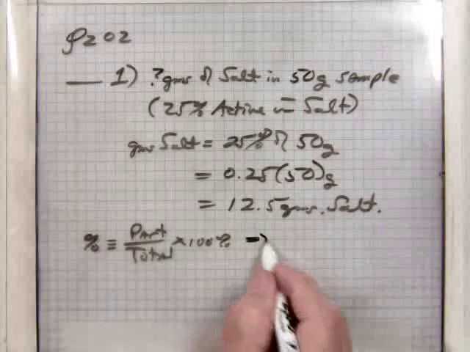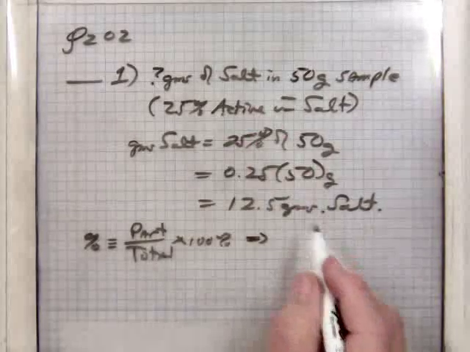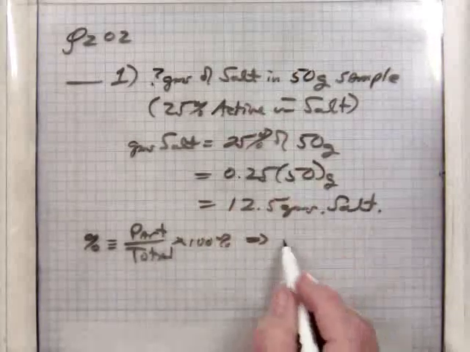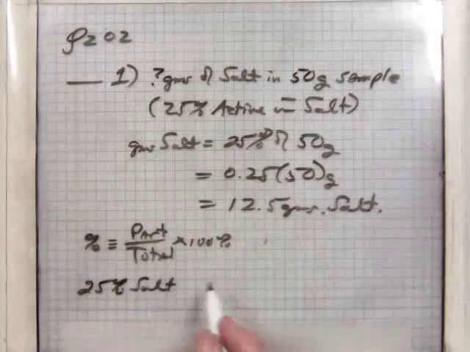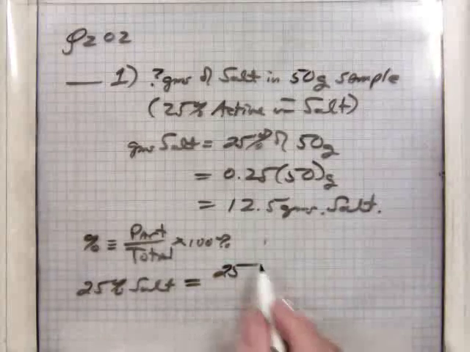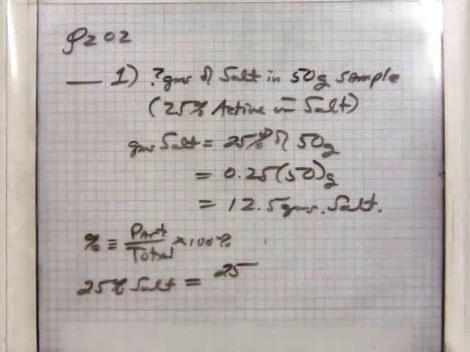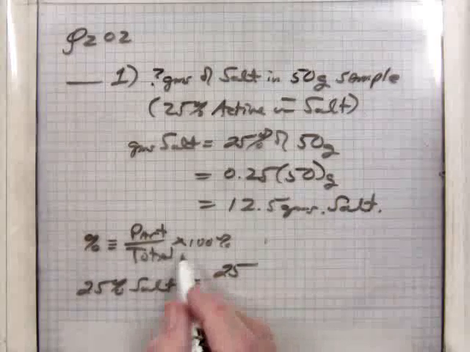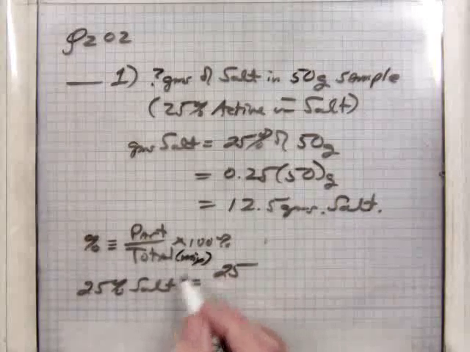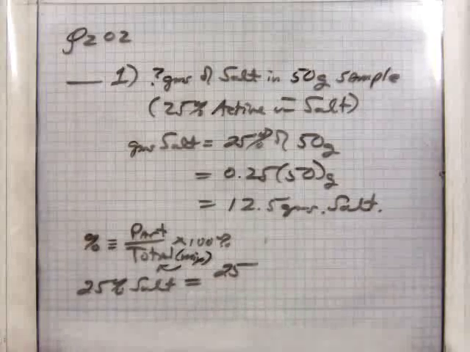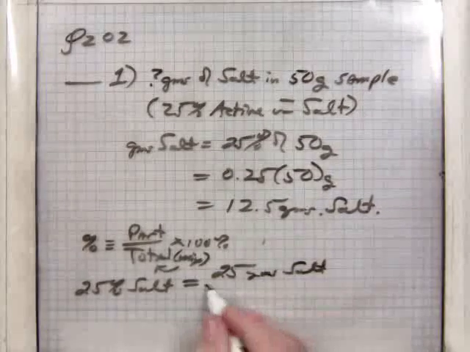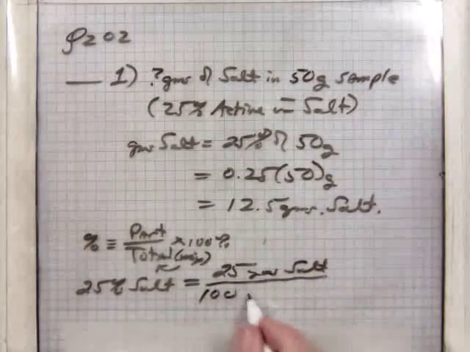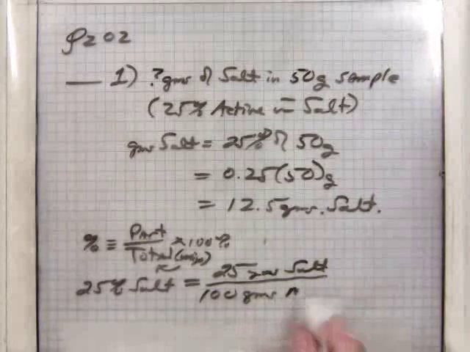Well, in our case here, the 25% salt can be represented as 25 weight units over the total mix. So it'd be 25 grams salt over 100 grams of solution mix.